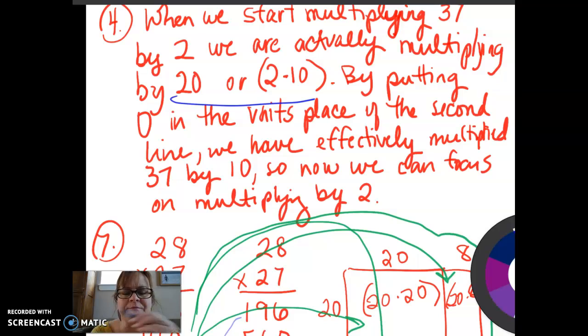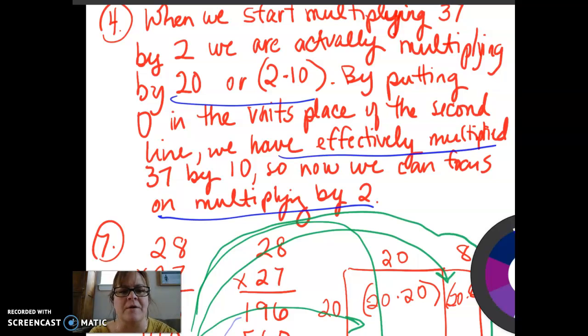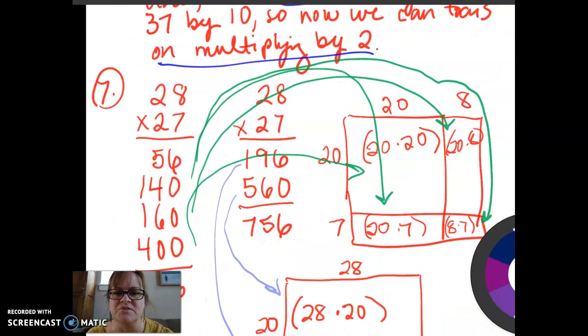So we've effectively multiplied 37 by 10, and now we can focus on multiplying by 2. We don't have to think to ourselves, oh, that's actually a 20. We've put the 0 there, so now we can go back to effectively just multiplying by 2, like we would in the regular standard algorithm.